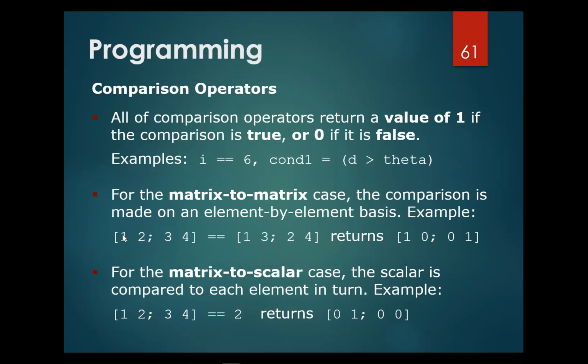The first element here and the first element here are equal, so this will return 1. So this is the output. 2, 3, they are not equal, so it returns 0. 3, 2, 0. 4, 4, 1.